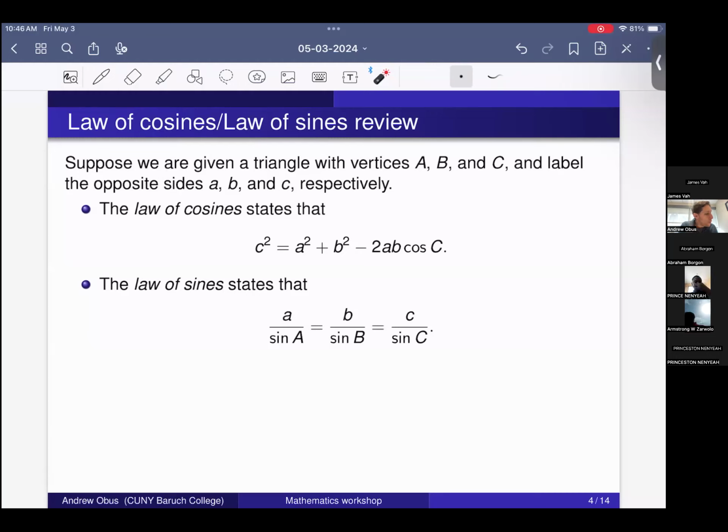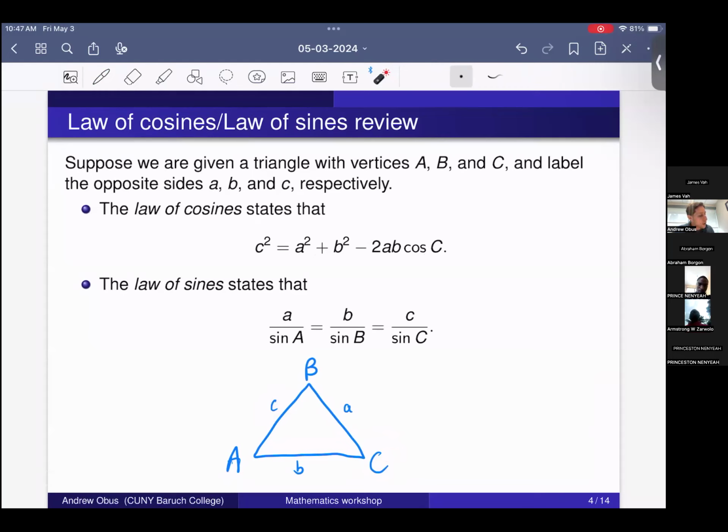If you remember, last time we talked about the law of cosines and the law of sines. In both cases, we had a triangle with vertices labeled capital A, B, and C, and the opposite sides labeled lowercase a, lowercase b, and lowercase c. The convention is you always use the lowercase letter opposite the vertex with the same uppercase letter.